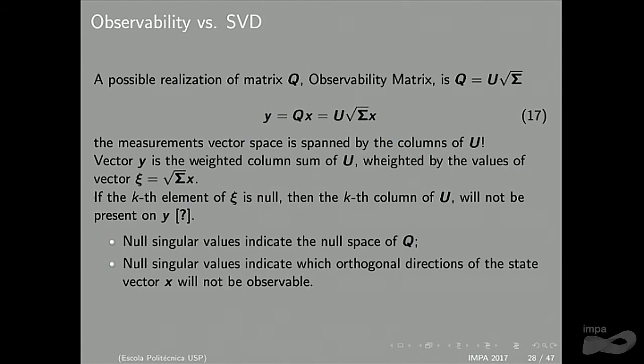So all the singular values that are very small will make the columns of U disappear from the measurements. And so we can use the small singular values as observability indexes, directional observability indexes. We know the directions that we cannot measure because the singular values are small.